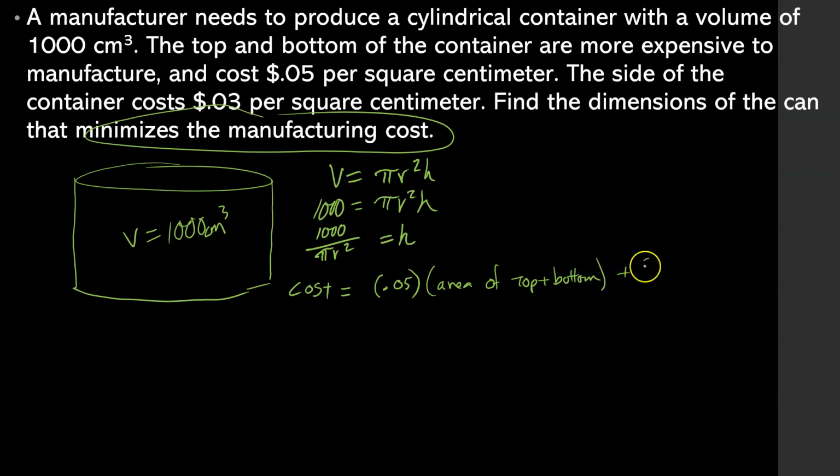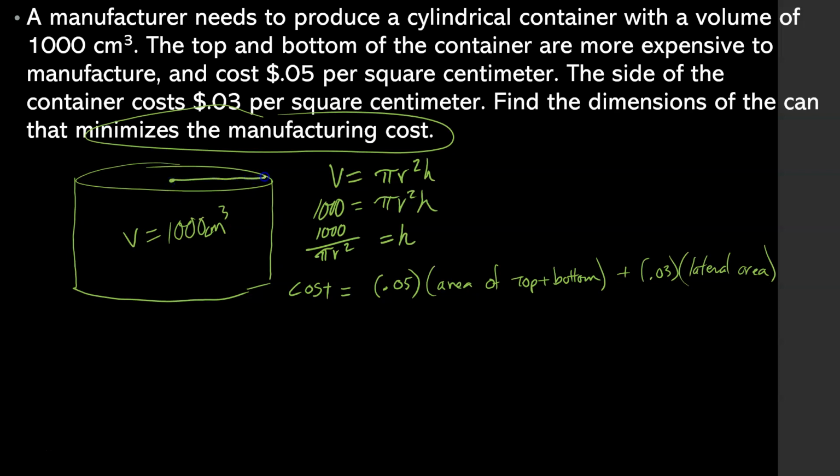And then 3 cents multiplied by the lateral area, or, I don't know, the area that's going to be covered by the soup can label, something like that.